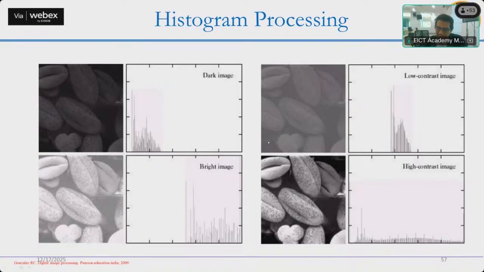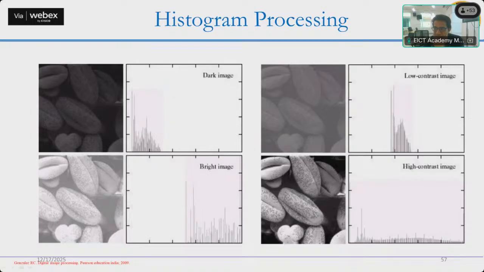Now you see that in the high contrast image, these are the observations. In the high contrast image, we are able to see the minute details of the nuts. In the bright image that detail is a bit available, but in high contrast it is very easily visible.